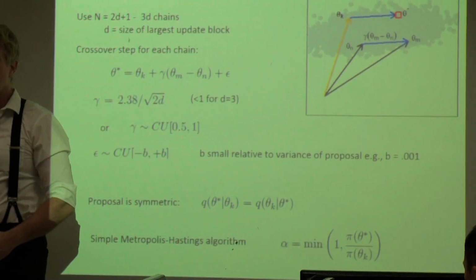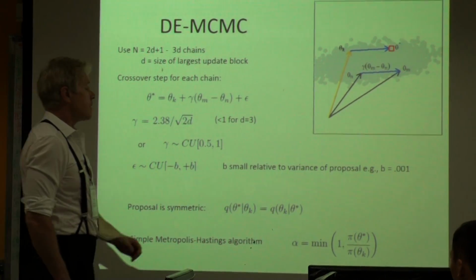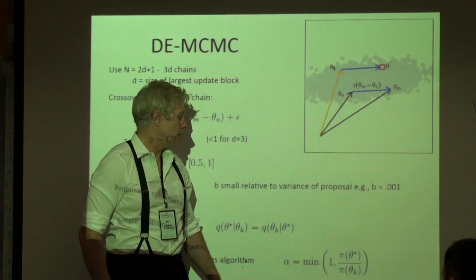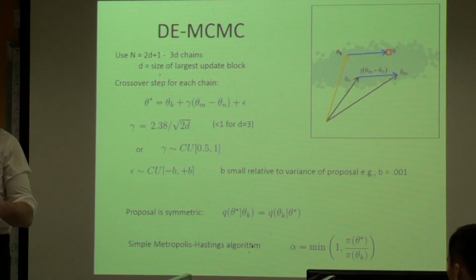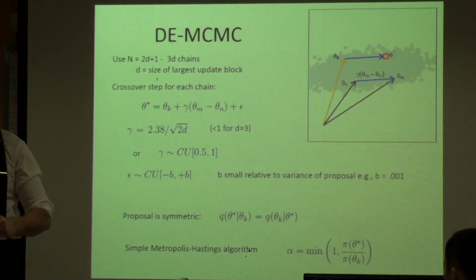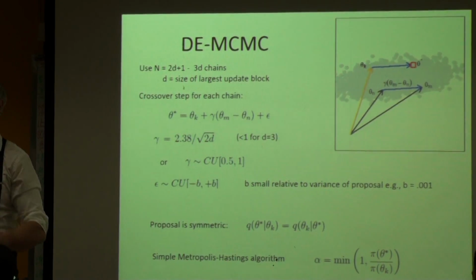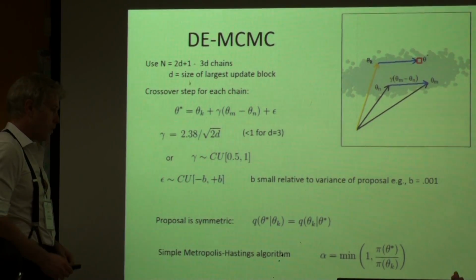That means half the time you accept it, half the time you reject it. If this thing is horrendously bad, and this is almost zero, you'll never go there. So you keep away from bad places, but sometimes you go to maybe not the best places because they can lead you to even better places. That's the intuition. So this is the Metropolis Hastings algorithm.